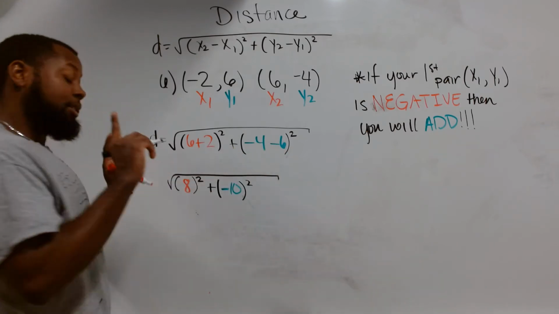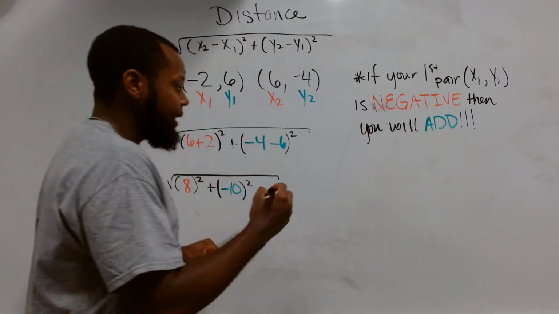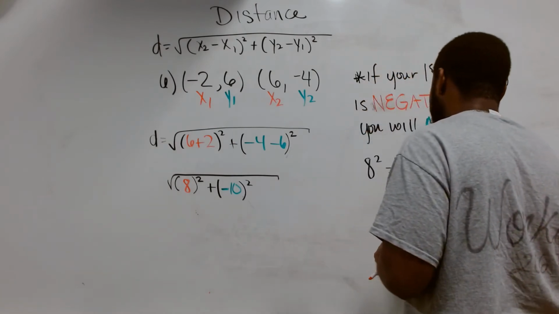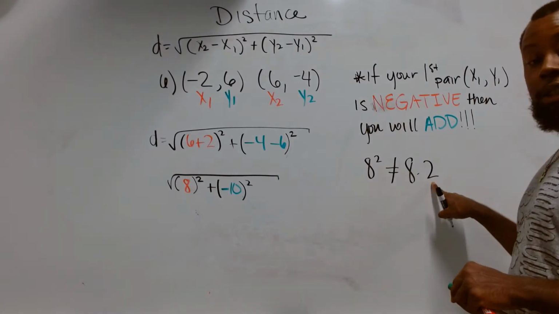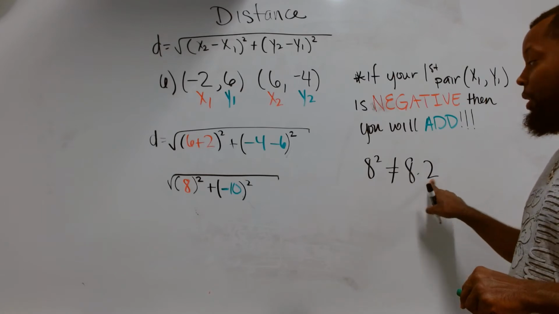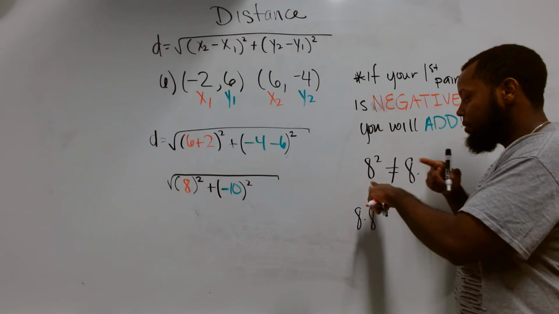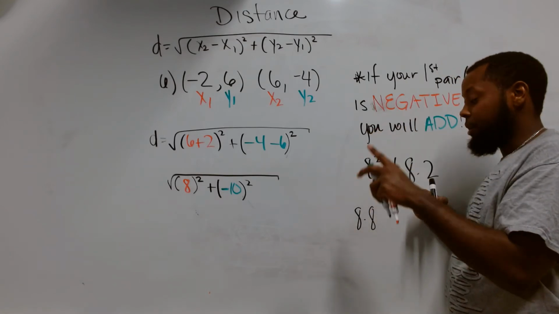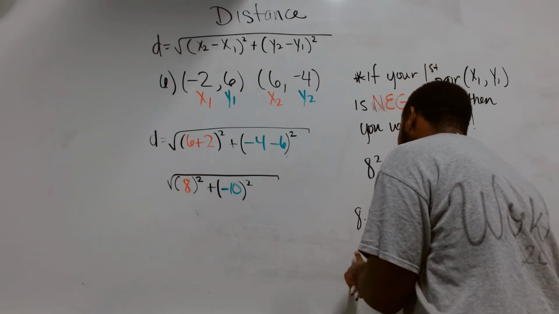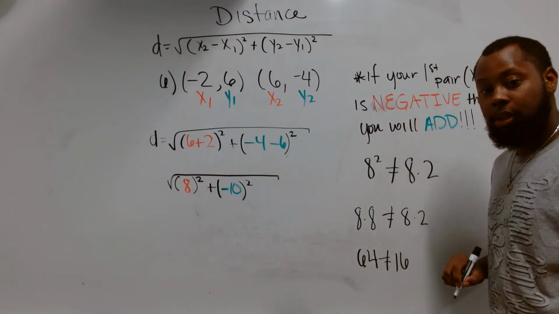Now, here's where the trick comes in. The square. 8 squared is not 8 times 2. This is a big 2. This is a baby 2. This is an exponent. That's a base. This exponent basically says you have to expand this base, which is 8, 2 times. So 8 times 8 is not the same as 8 times 2, because 64 is not the same as 16. You see?